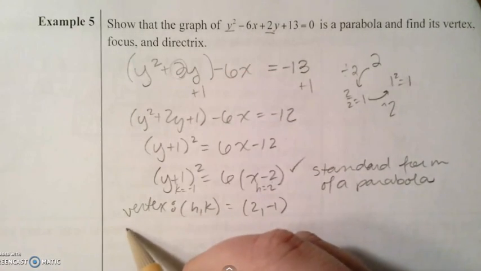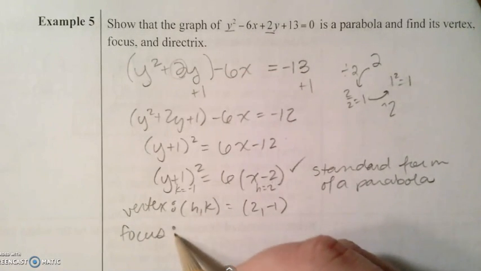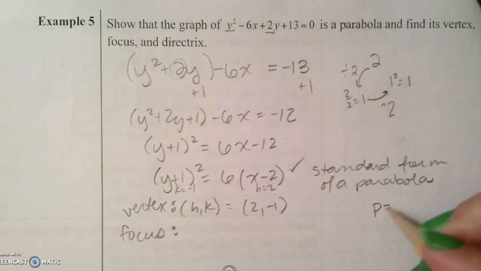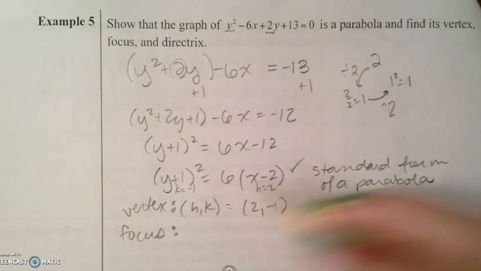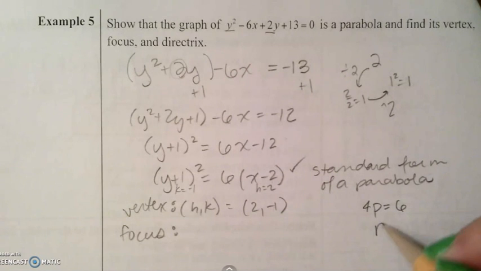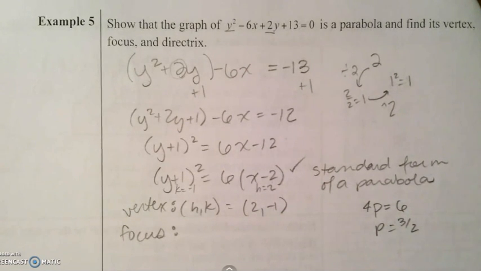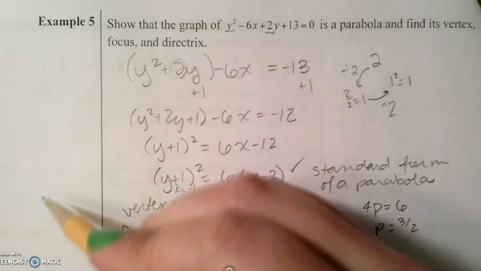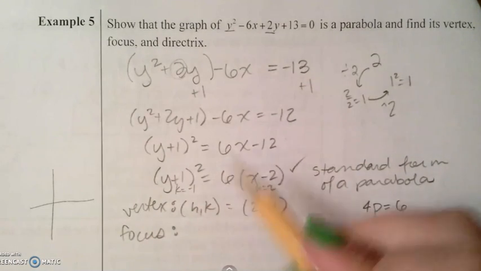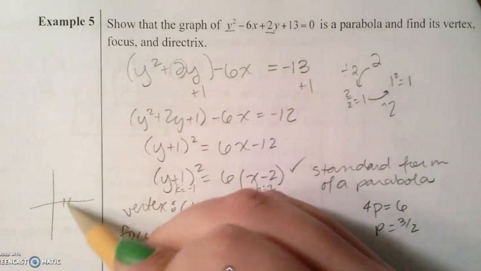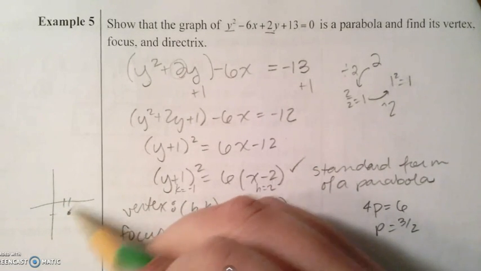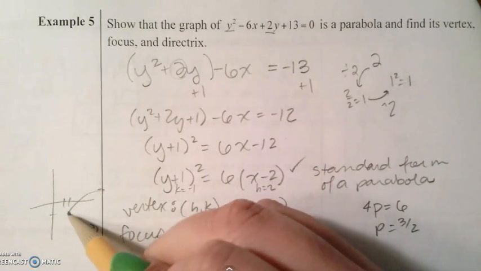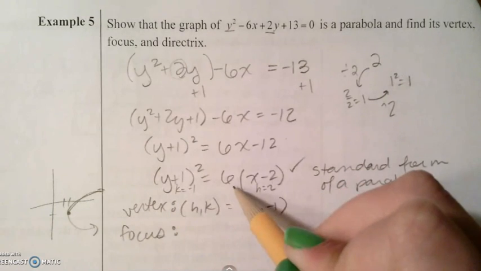Its focus, which means we're going to need p. And I know that 4p is 6, so p is 3/2. Which way is this opening? It's opening to the right. We have 2, negative 1 opening this way, because the y is squared and the 6 is positive.